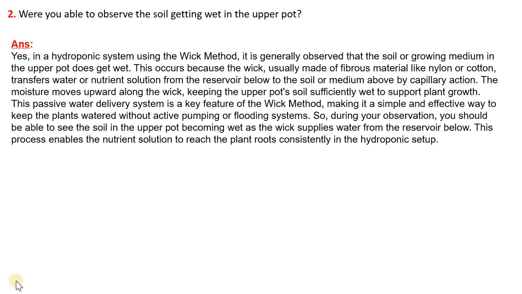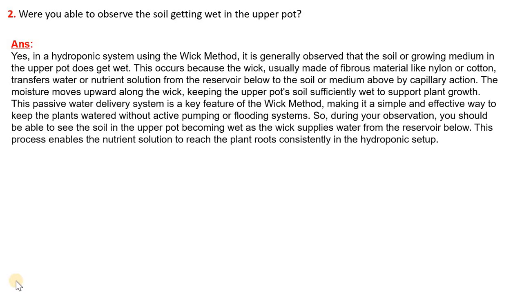Yes, in a hydroponic system using the wick method, it is generally observed that the soil or growing medium in the upper pot does get wet. This occurs because the wick, usually made of fibrous material like nylon or cotton, transfers water or nutrient solution from the reservoir below to the soil or medium above by capillary action.